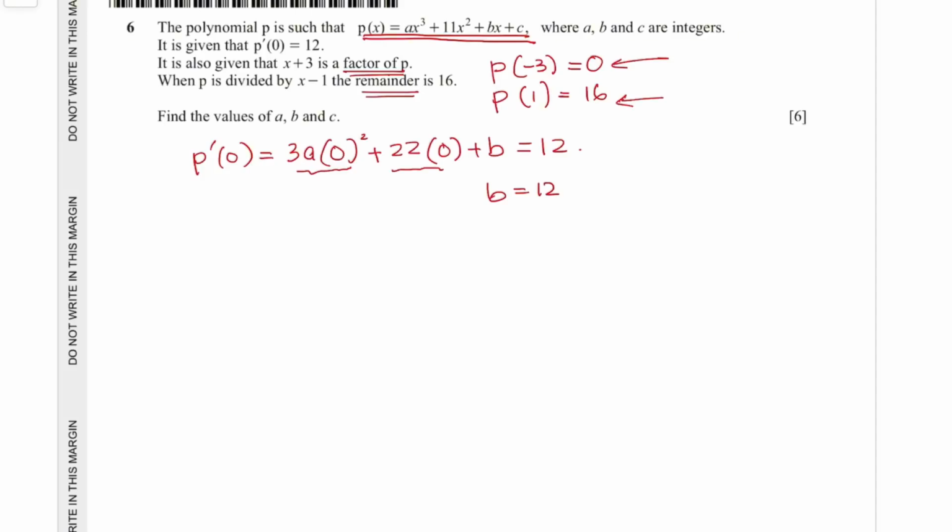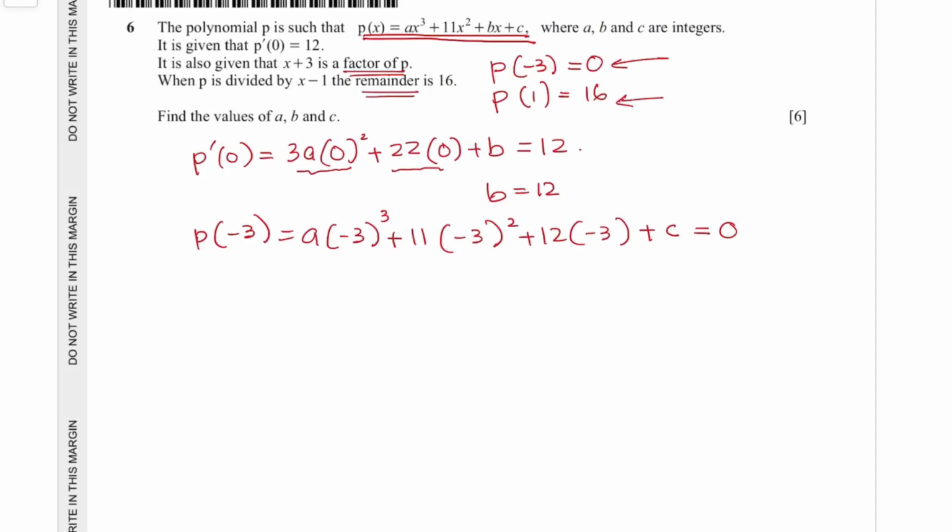Next, when you have p(-3), it means that in the place of x you will be substituting negative 3. Then you will be having a(-3) cubed plus 11(-3) squared plus b(-3) plus c, which is going to give you 0. Hold on. We found b, you can substitute it there, which is 12.